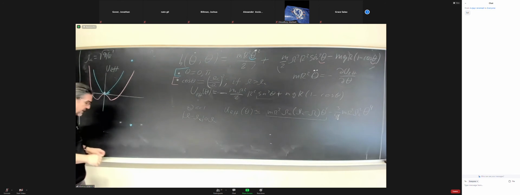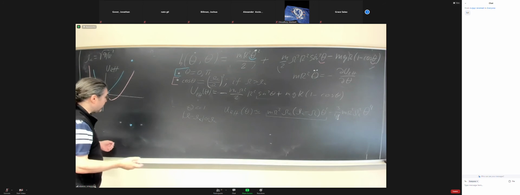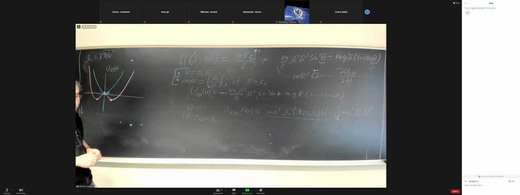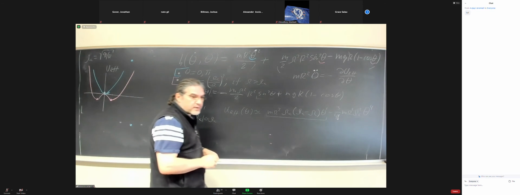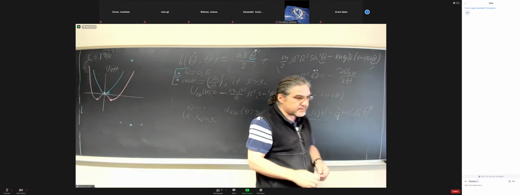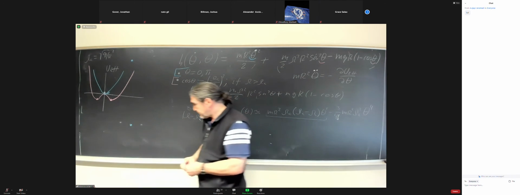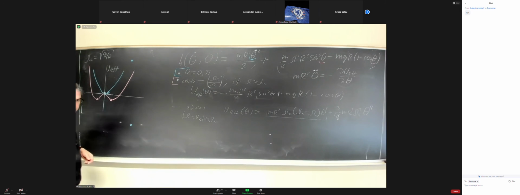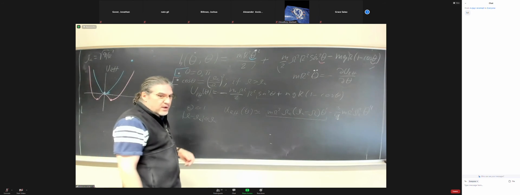But when omega becomes larger than omega critical, then these are my two equilibrium points. Right? That makes sense? Yes. All right.